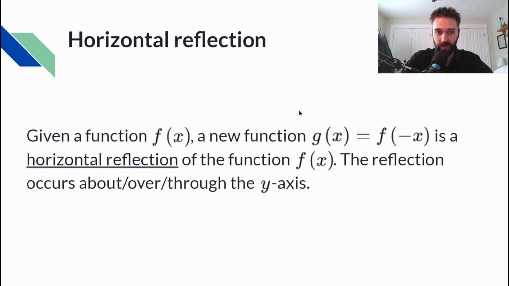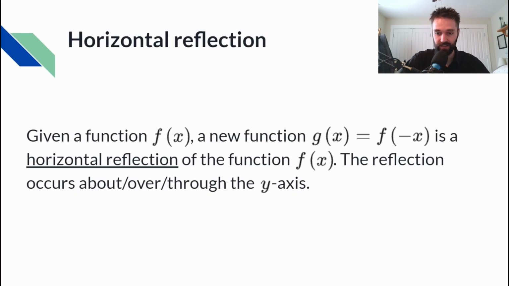Notice this is a horizontal reflection. Any horizontal transformation involves plugging something into the original function. We're plugging in a negative x into f. Whereas with vertical transformations, we do something to the outside of the function. For a vertical reflection, we take the whole function and we multiply it by -1.